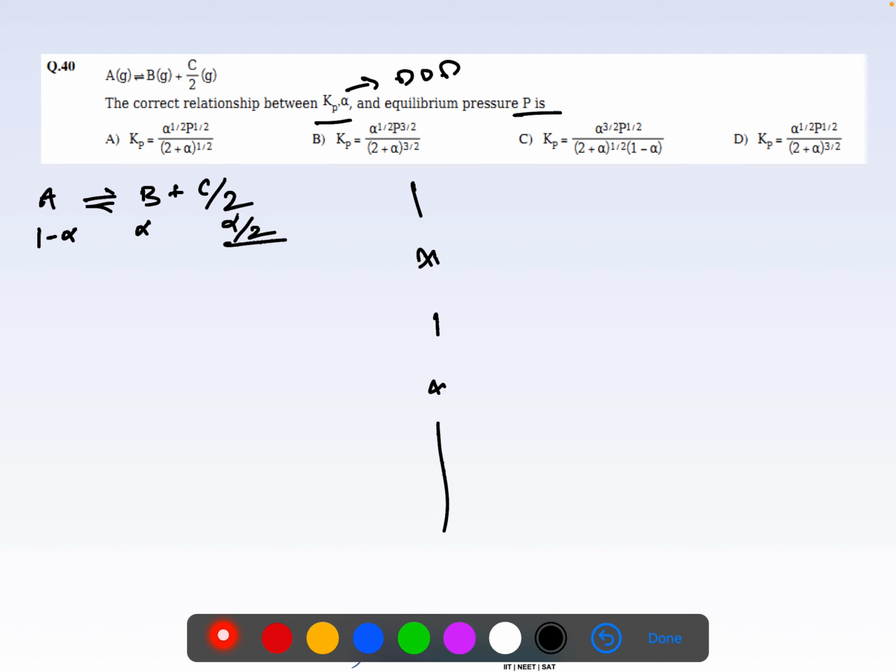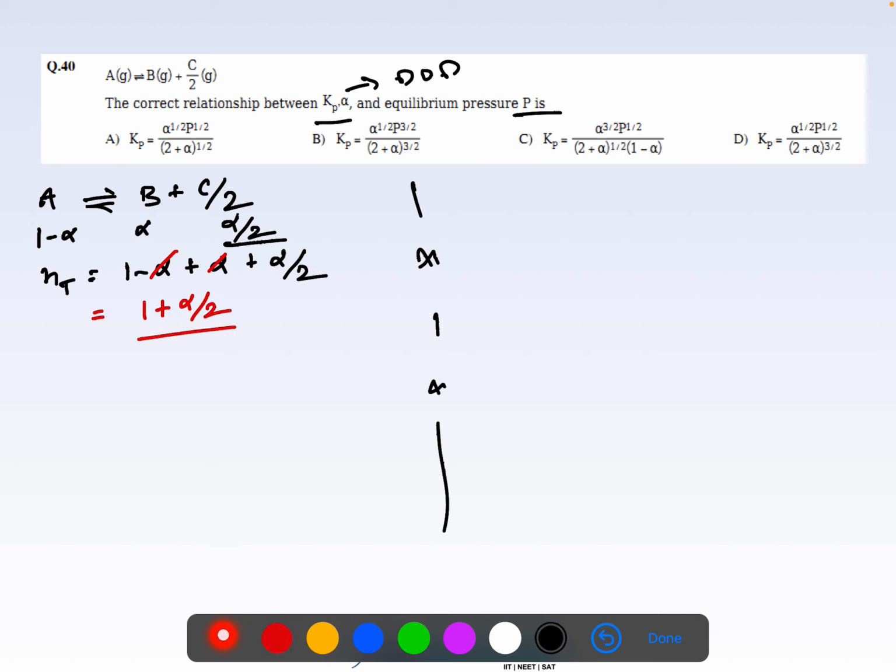So at equilibrium the total number of moles Nt is equal to 1 minus alpha of A left and alpha amount of B and alpha by 2 amount of C formed. So here these two get cancelled, so N total will be equal to 1 plus alpha by 2.